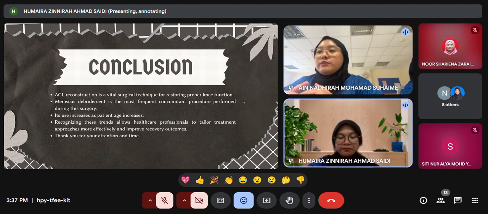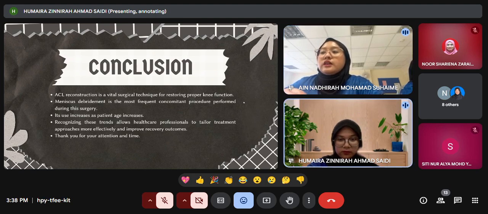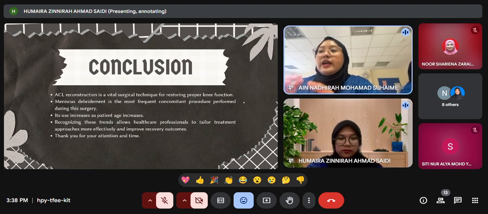The findings we presented show that meniscus debridement is the most common concomitant procedure during ACL surgery, and its use increases with age. By recognizing these trends, healthcare providers can tailor treatments more appropriately for patients of different age groups to ensure better recovery and outcomes. That is all from us.